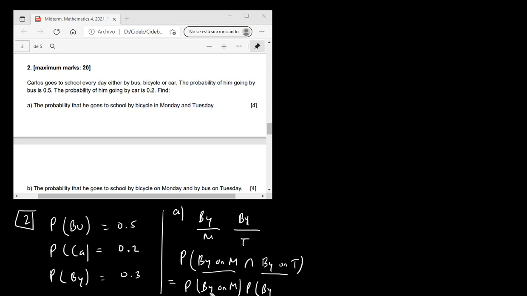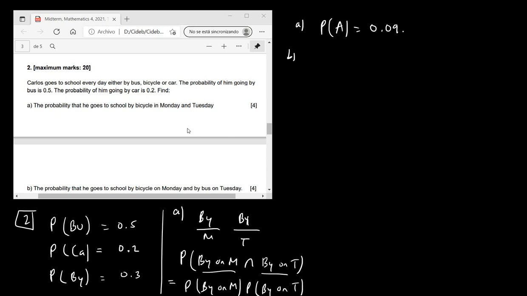The probability of going by bicycle on Monday times the probability of going by bicycle on Tuesday. What is this probability? It's 0.3, because we know that the probability of him going by bicycle on any given day is 0.3, and the same for here, 0.3. So that's going to be 0.09. I'm going to call this event A. This is event A, 0.09.